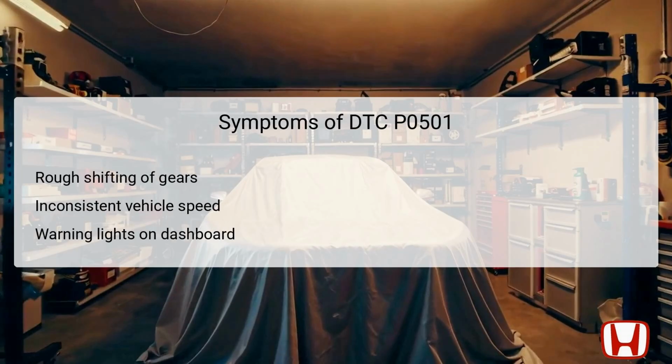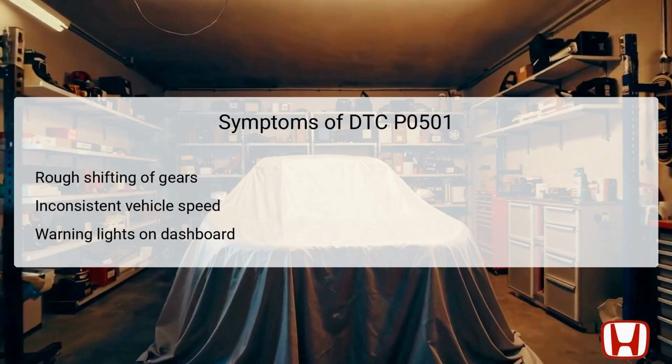When the DTC P0501 is triggered, several symptoms may become apparent. Drivers may experience rough or inconsistent shifting of gears, which can create a perception of a loss in driving smoothness. The vehicle's speed may also become erratic, leading to unexpected acceleration or deceleration during operation.